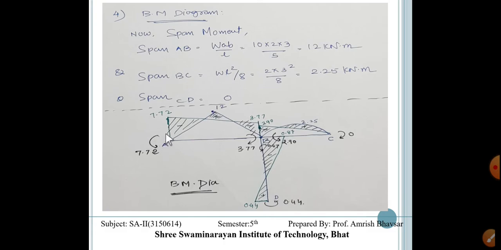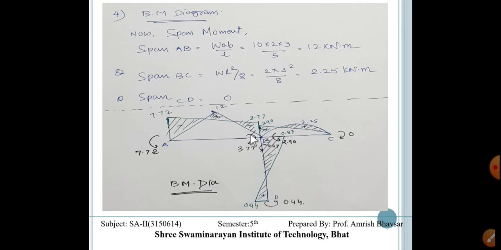At A, our moment is anticlockwise, so it is going to take our diagram in upward direction, that is 7.72. At B to A it is clockwise, so again it is going to take our beam upward, so here it is 3.77, and the value of this AB span is 12 kilonewton meter.